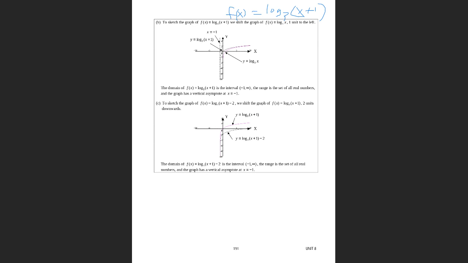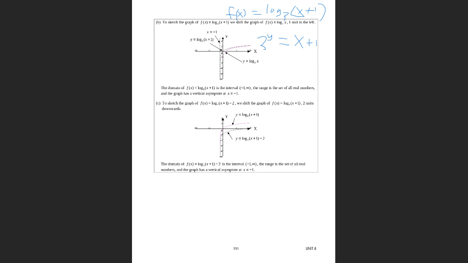Now f of x is the same as y, so we get 3 to the power y equals x plus 1. Then remember that we always interchange x and y for domain and range.